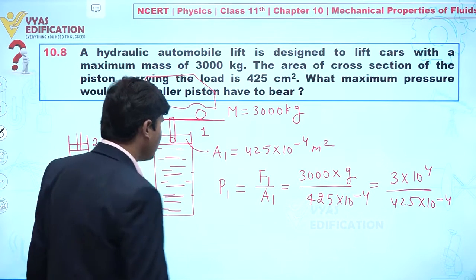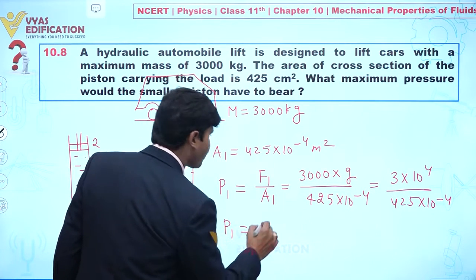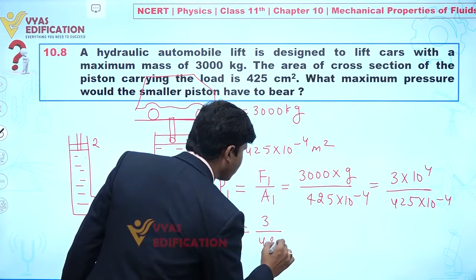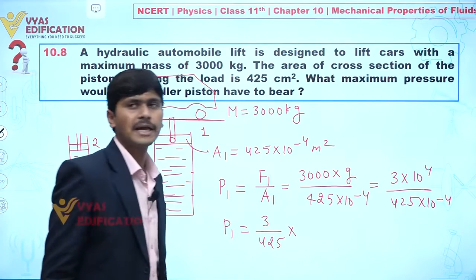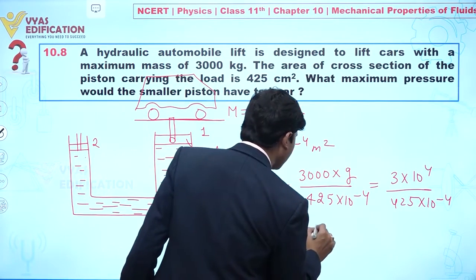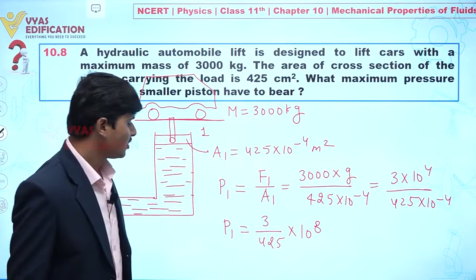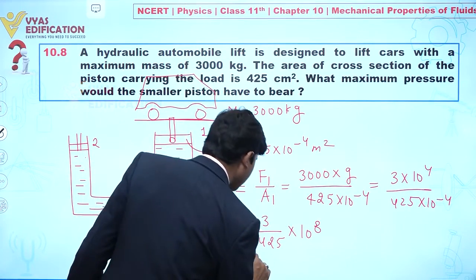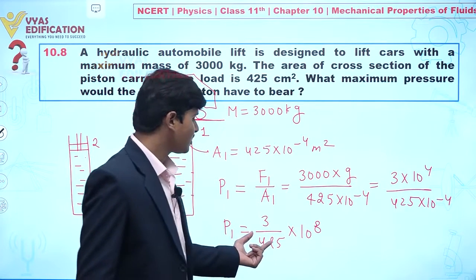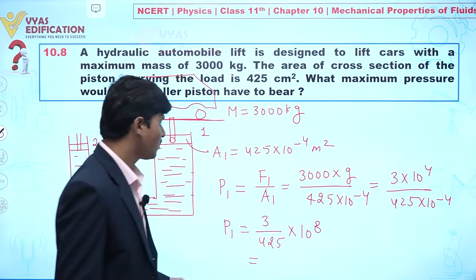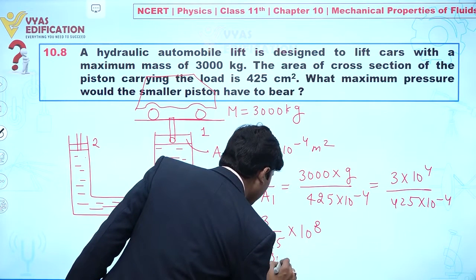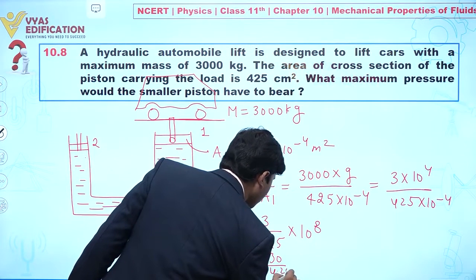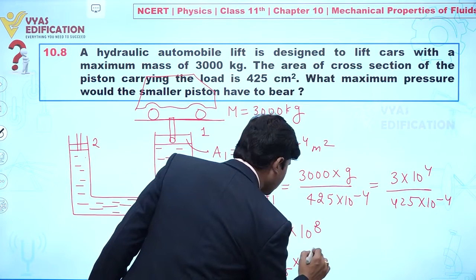Now if we calculate P1, this is equal to 3 divided by 425 multiplied by 10 to the power 8. How can we calculate this? Let's suppose I am taking this as 4.25. Listen carefully how I am calculating. This is 30 upon 4.25, times 10 to the power 7.